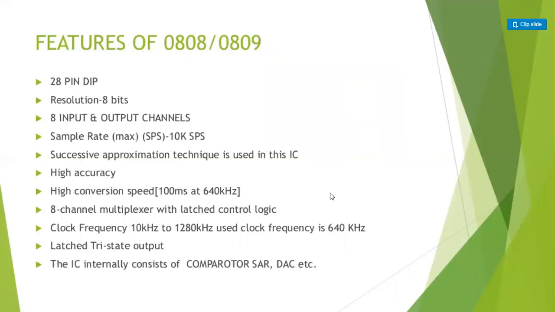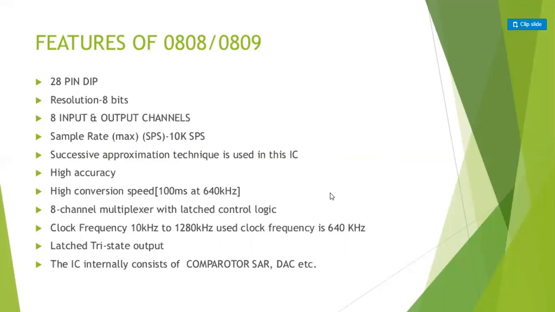Clock frequency is 10 kilohertz to 1280 kilohertz, and the typical clock frequency used is 640 kilohertz. It has latched tri-state output, and the IC internally consists of a comparator, SAR and DAC. Basically, SAR is a successive approximation register.